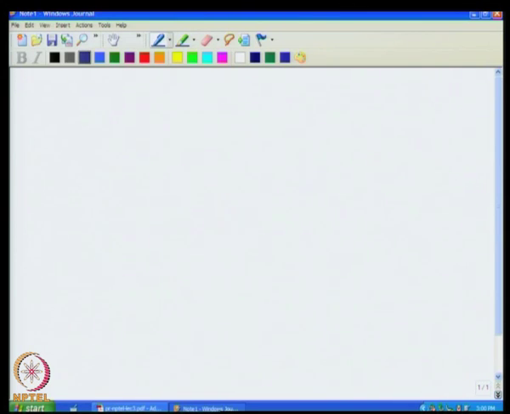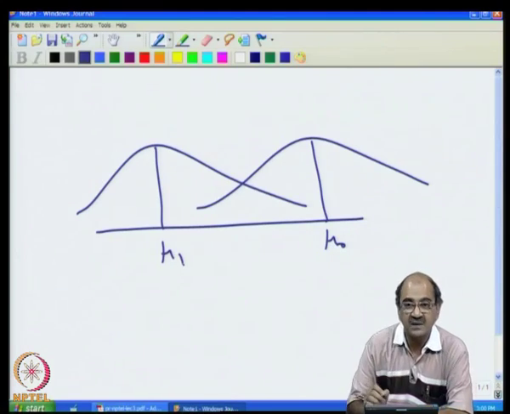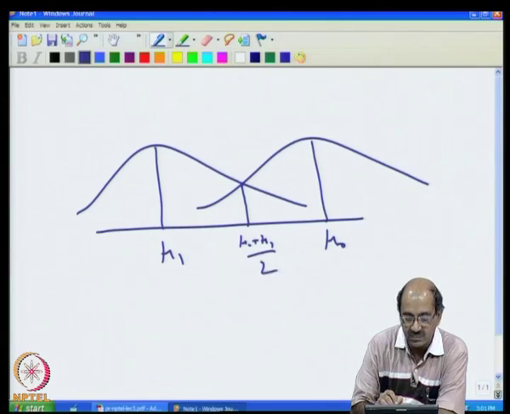intuitively clear picture. Let us draw the two normal densities. We assumed mu 0 greater than mu 1. So, that is mu 0, that is mu 1. Both have the same variance. So, where will they cut? They will cut midway between the two means.